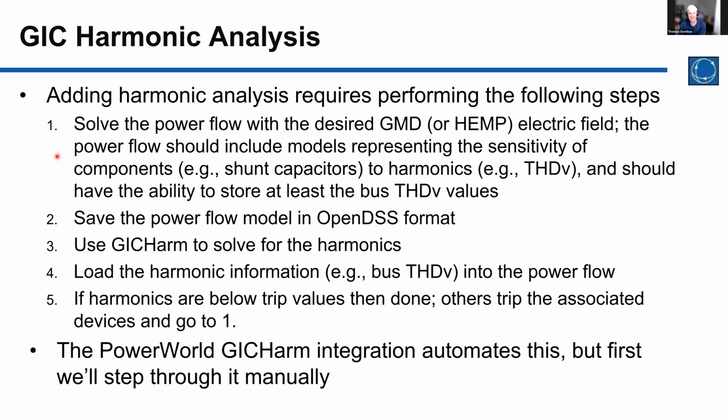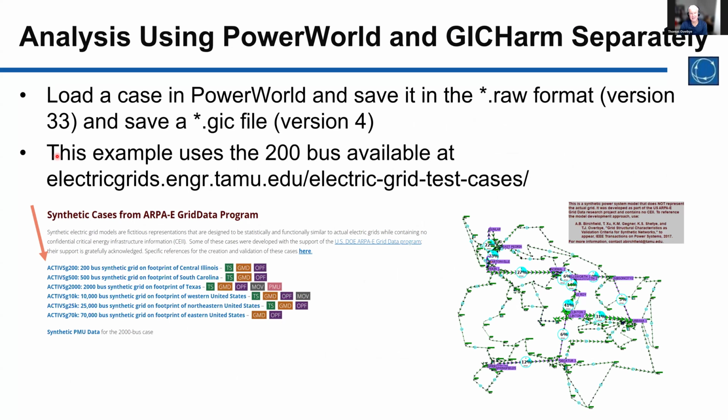PowerWorld simplifies this process greatly by making it all into a single automated process. But I did want to walk through what goes on separately and then manually in PowerWorld, and then we'll finish up automatically in PowerWorld. In these examples, I am using a 200 bus case.